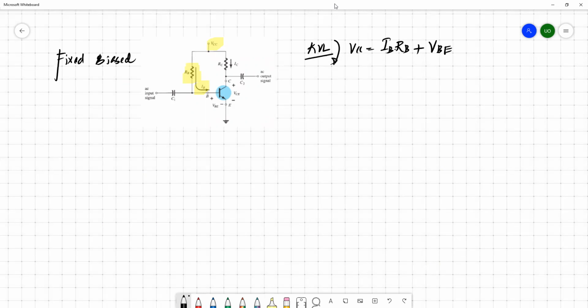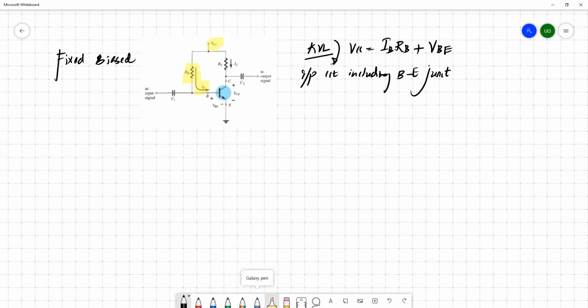So I just apply the Kirchhoff voltage law for the input circuit, including the base emitter junction. Once you apply this, you get IB times RB plus VB equals VCC.